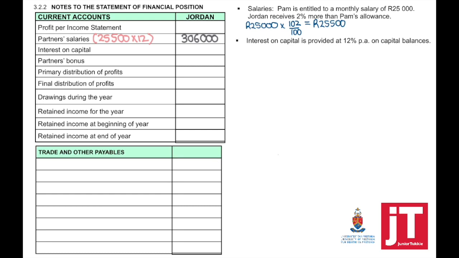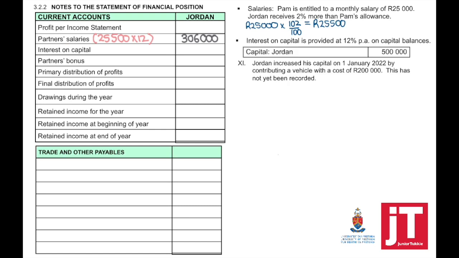Interest on capital is provided at 12% per annum on the capital balances. Capital Jordan is 500,000, but now Jordan increased his capital on the 1st of January 2022 by contributing a vehicle with a cost of 200,000. This has not yet been recorded.